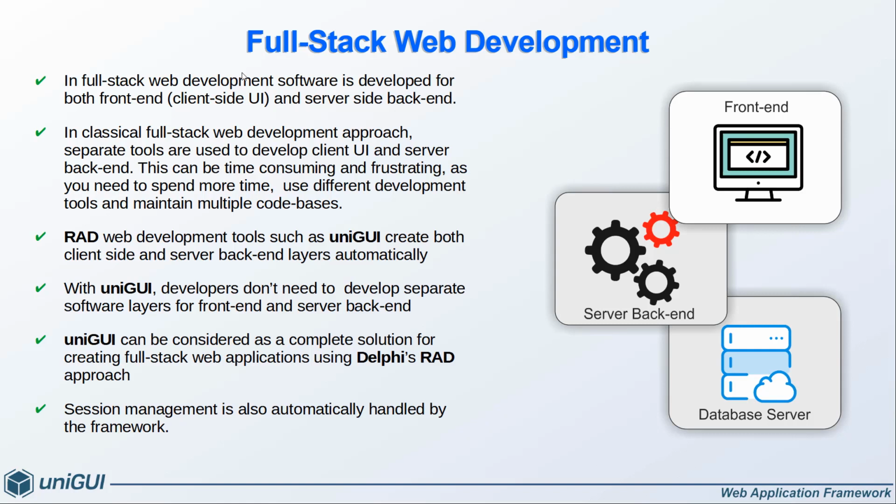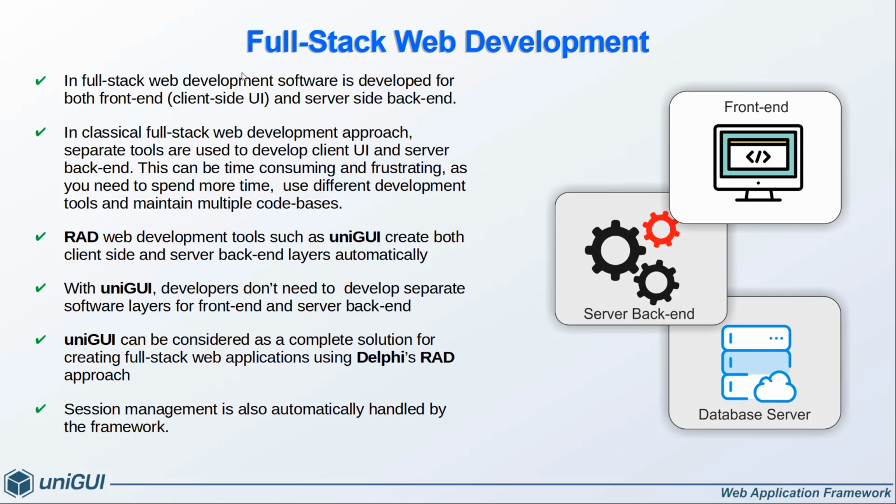Now let's talk a bit about full-stack web development. In full-stack web development, software is developed for both front-end and server-side backend. In the classical full-stack web development approach, separate tools are used to develop client-side UI and server-side backend. This can be time-consuming and frustrating because you need to spend more time, use different tools, and also maintain multiple code bases.